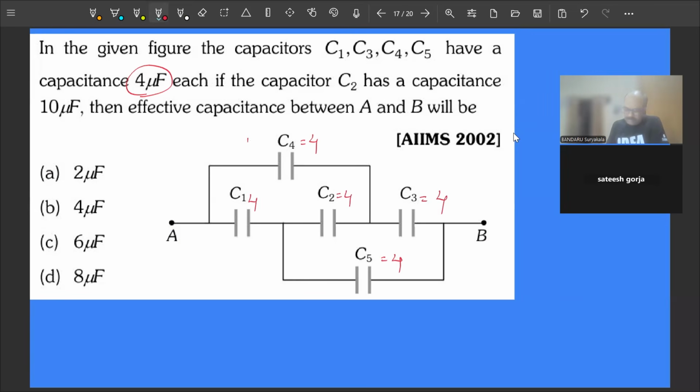Suppose this is P, this is Q, this is R, this is S. What is the condition for a balanced Wheatstone bridge? P by Q equals R by S. Here P by Q means 4 by 4, and R by S means 4 by 4. So it is a balanced bridge.